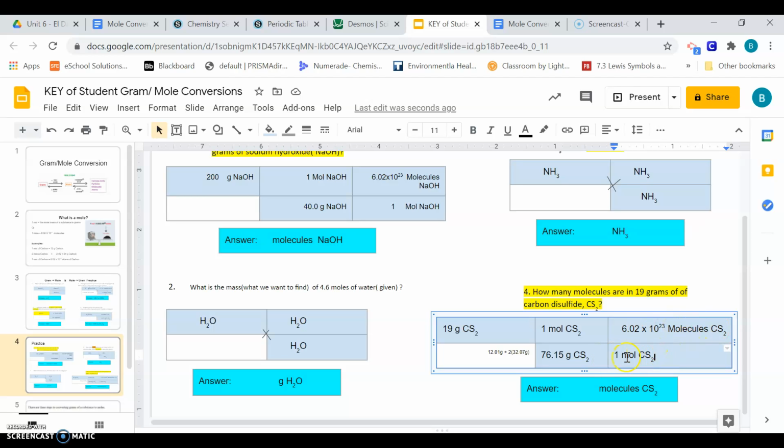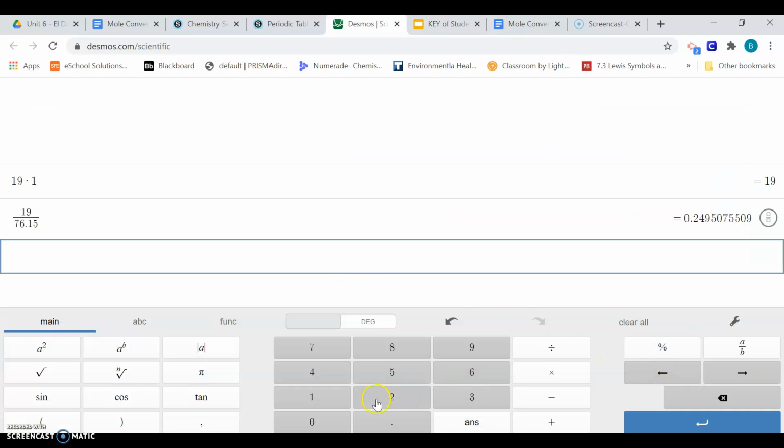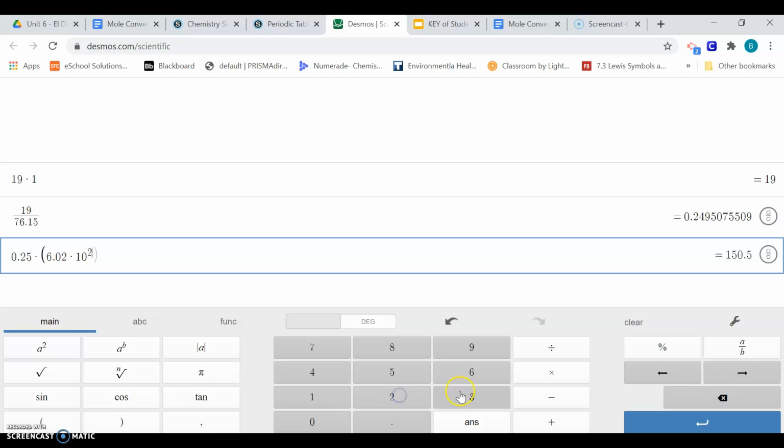The 1 won't make much of a difference since it's on the bottom. So we have 0.25 times our Avogadro's number. I put in parentheses 6.02 times 10. You hit the EE button to get your exponent, 23, and you add your other parentheses. That's how you multiply it out.